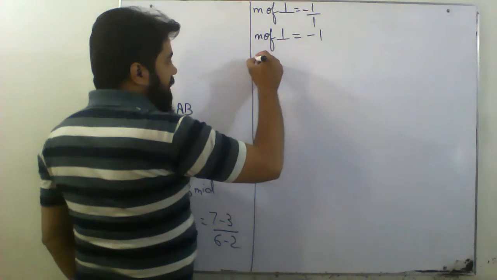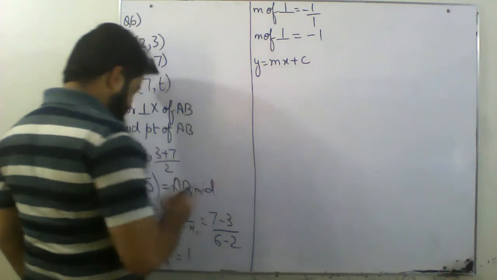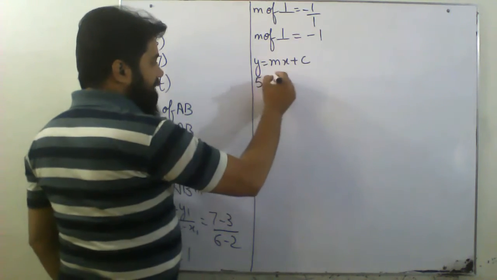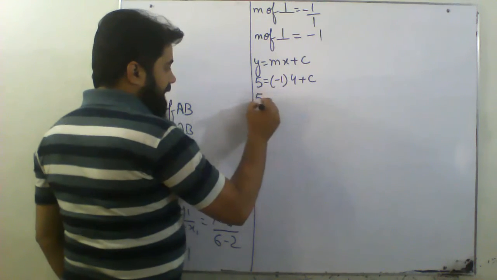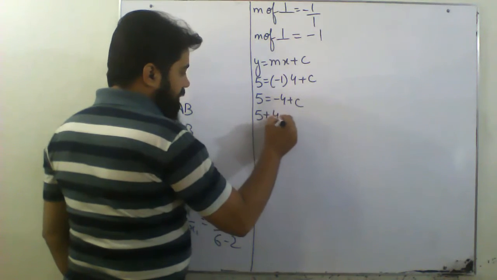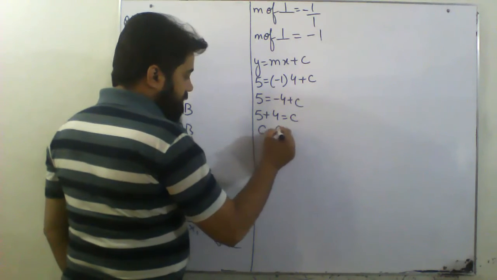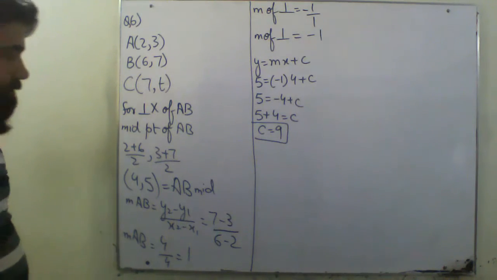So y equals mx plus c. y is 5, m is minus 1, x is 4. 5 equals minus 4 plus c, so 5 plus 4 equals c. C equals 9.